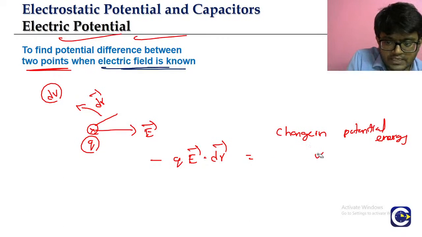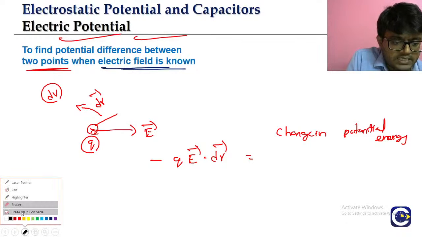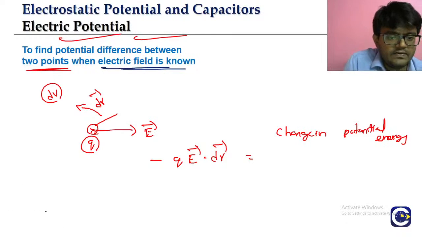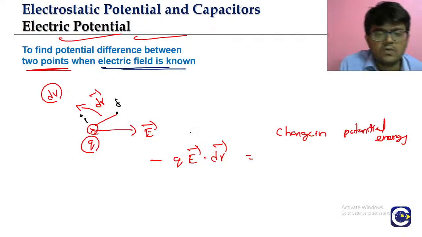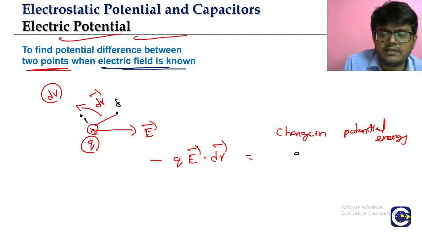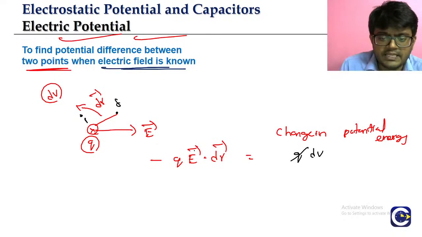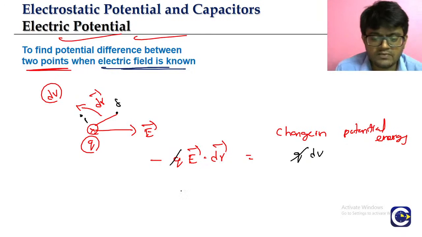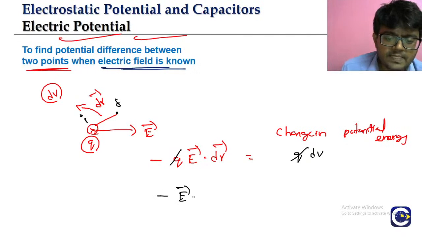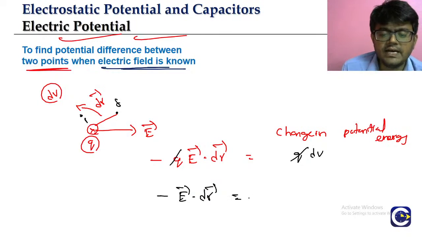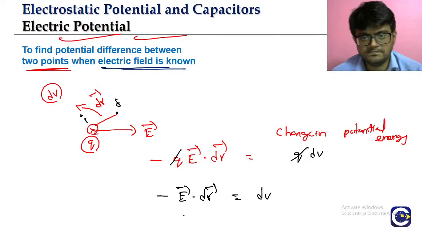When a particle moves from the initial position to the final position, the change in potential energy is charge times the potential difference. So the q cancels out, which means minus E dot dr will be equal to dV.